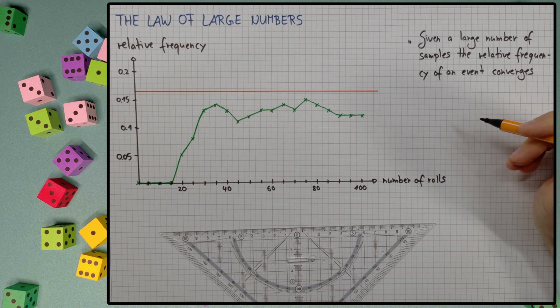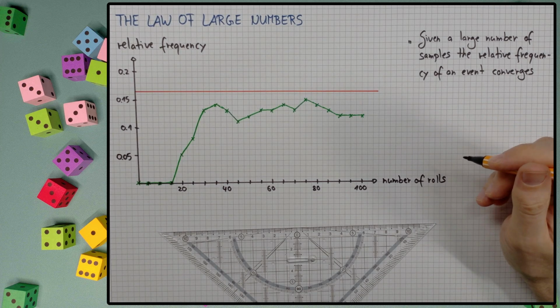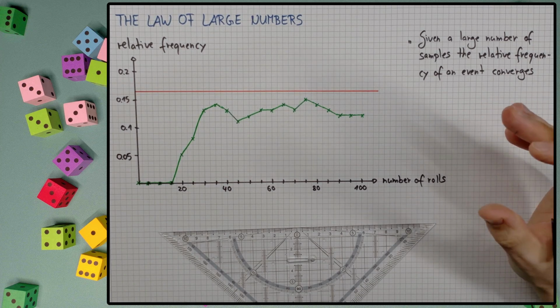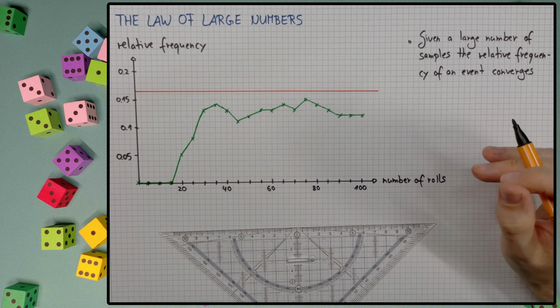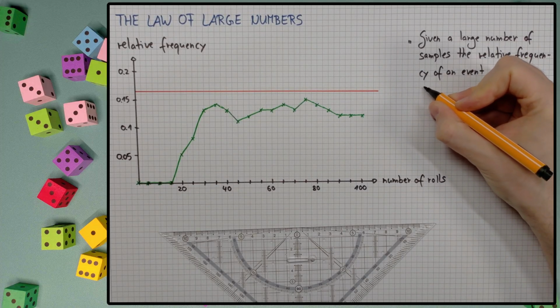That is to say, it stabilizes. It stops jumping about as it does in the beginning, and it really stops moving that much, and it converges to the true value.